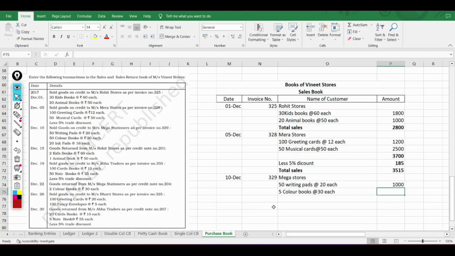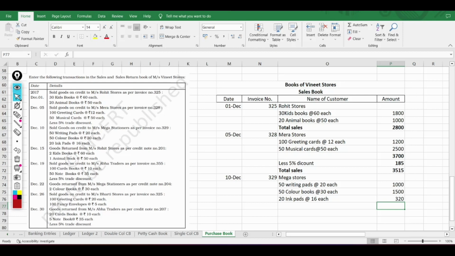That is 50 into 30, 1500, and again 20 ink pads at rupees 16 each. So 20 into 16.